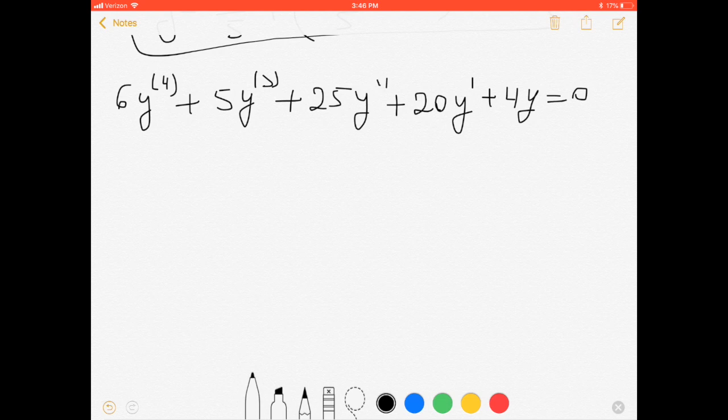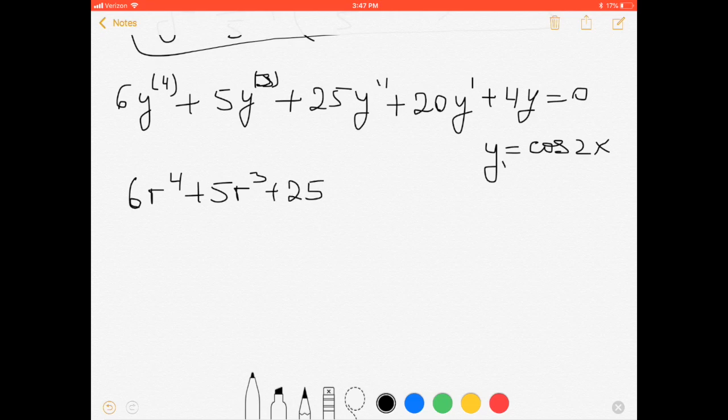Here we have one solution, cosine 2x. First write our characteristic equation. Sorry, this is the third. Here we have 6r to the fourth plus 5r to the third plus 25r squared plus 20r plus 4 equals 0.